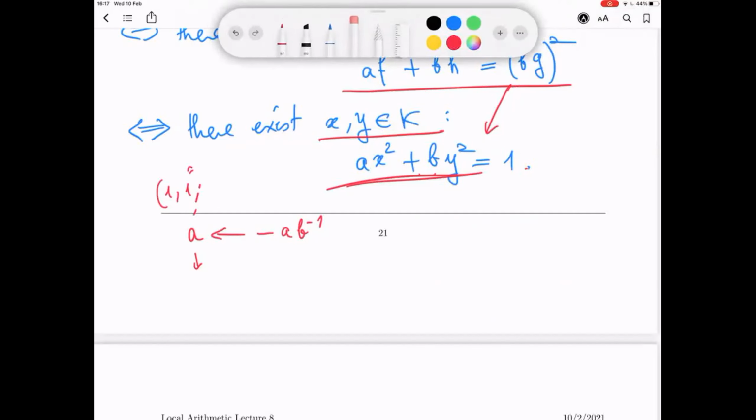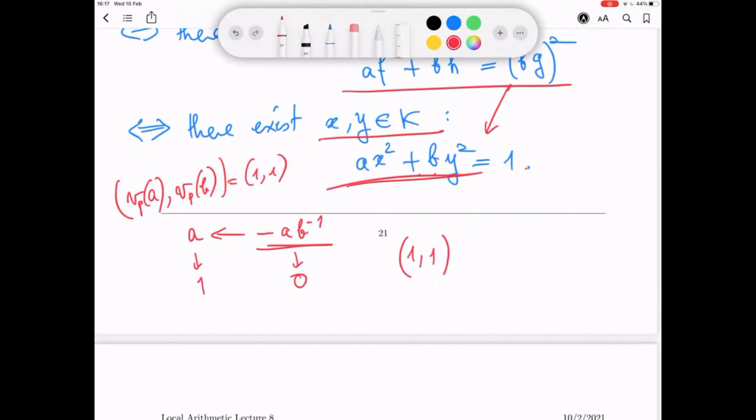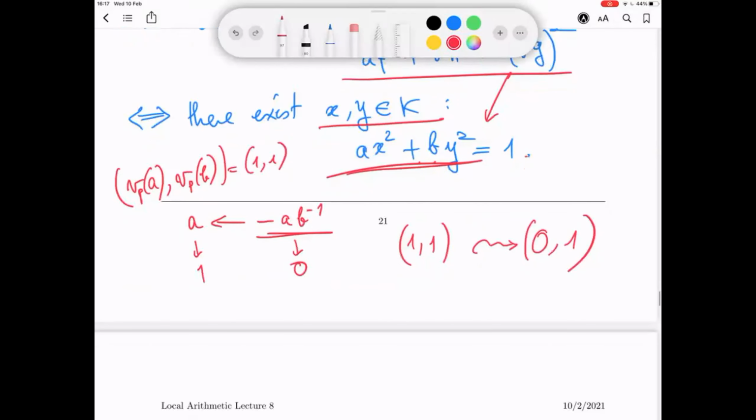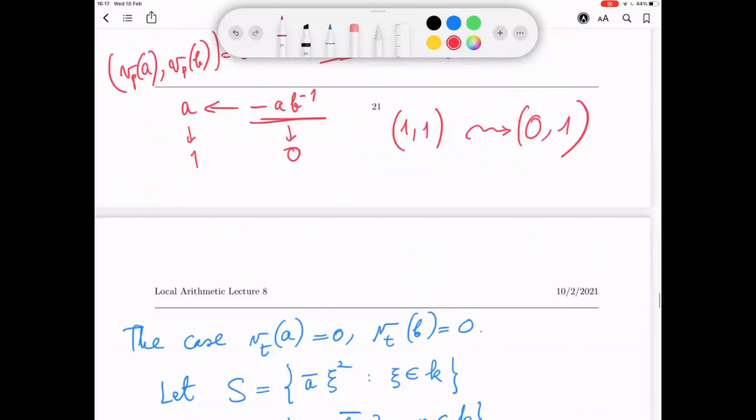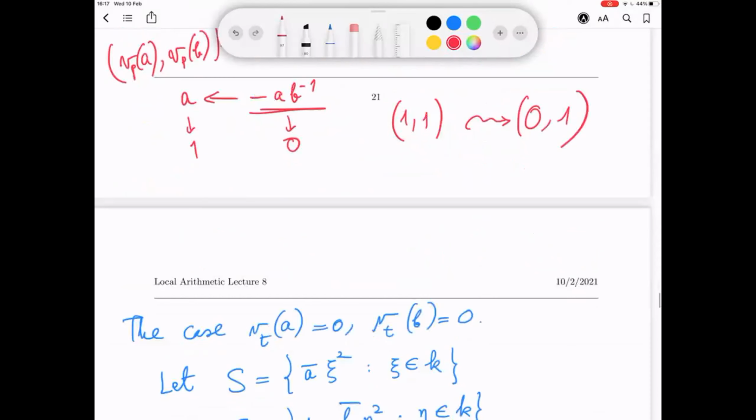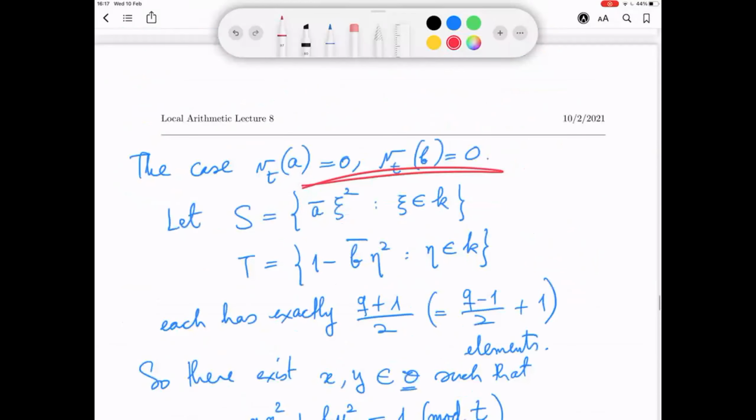That is, vp of a comma vp of b equals 1, 1. If I replace a by this, the valuation of a is 1, the valuation of this is going to be 0. So the case 1, 1 is reduced to the case 0, 1. So I just need to consider two cases, right? The case 0, 0 and the case 0, 1.